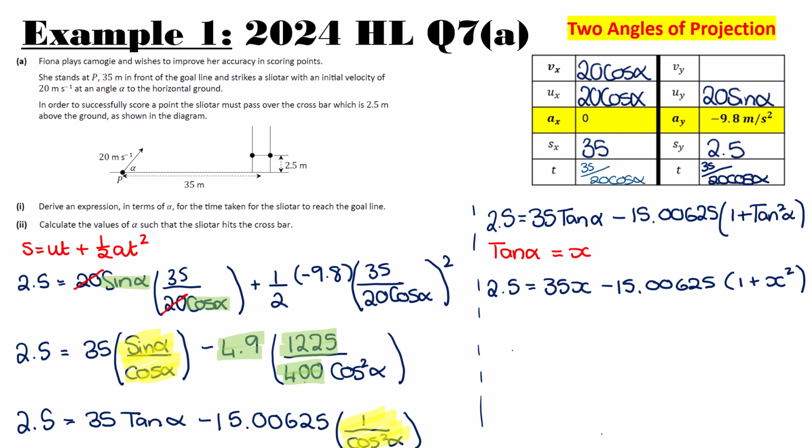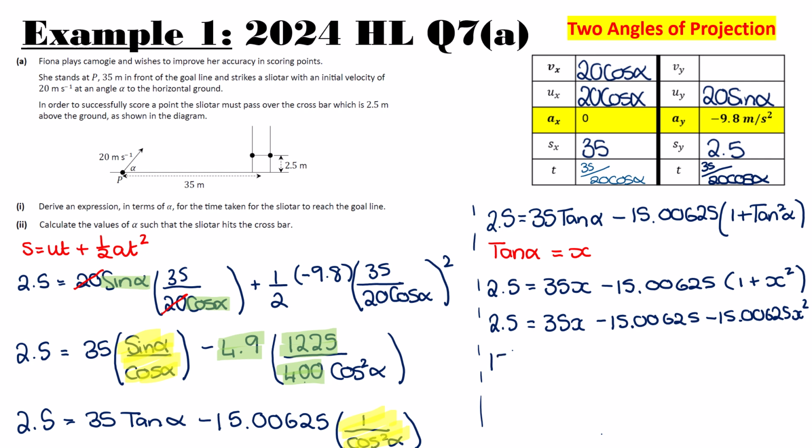So let's multiply this out. So 2.5 equals 35x minus 15.00625 minus 15.00625x squared.